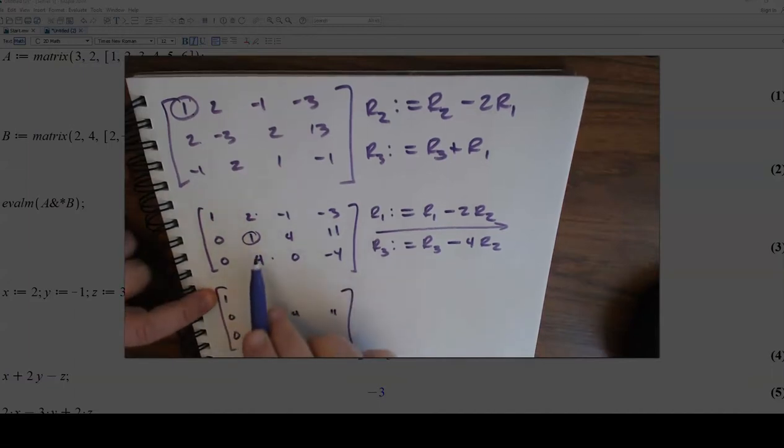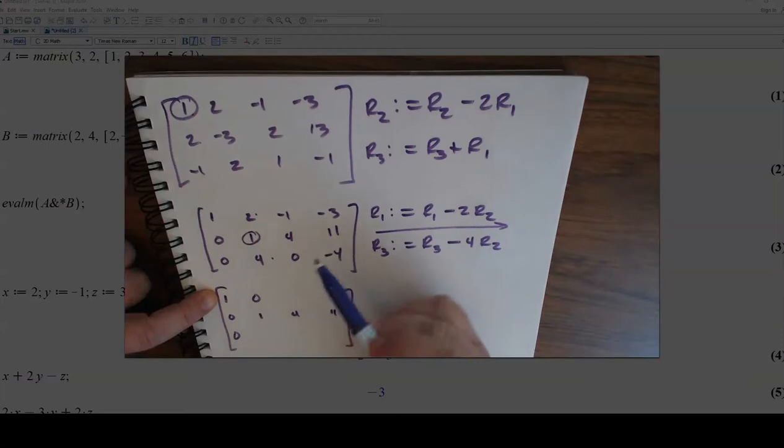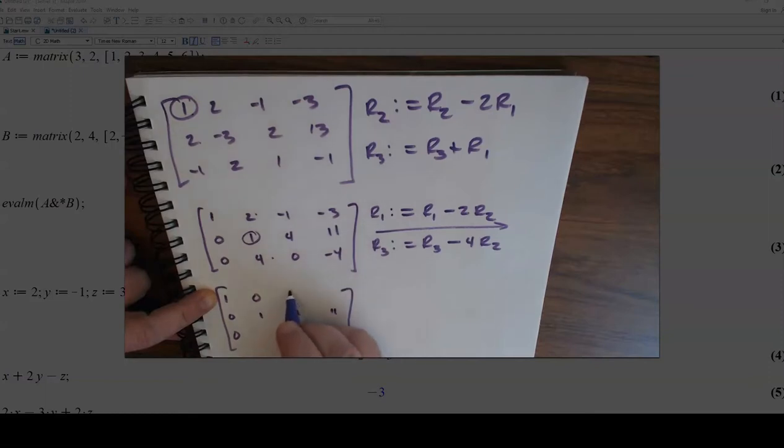So 2 minus 2 gives me a 0 here. 4 minus a negative, let's see, 4 plus 2 gives me 6.